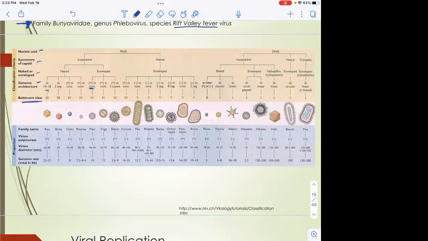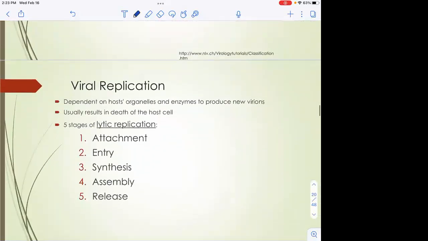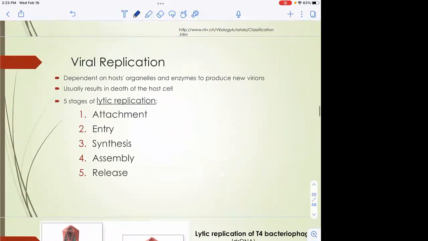So, just again, ways that we categorize our viruses. Okay, any questions, anything you want to talk about before we jump into replication?